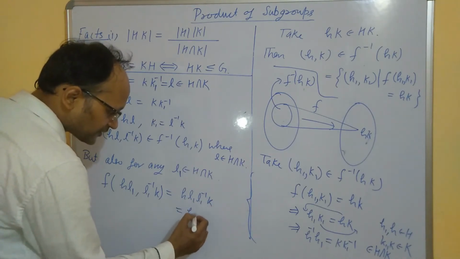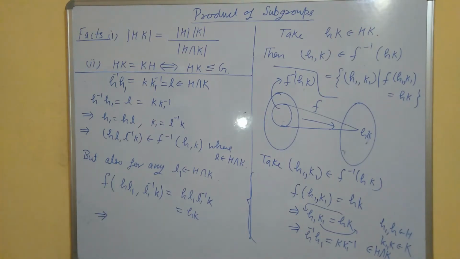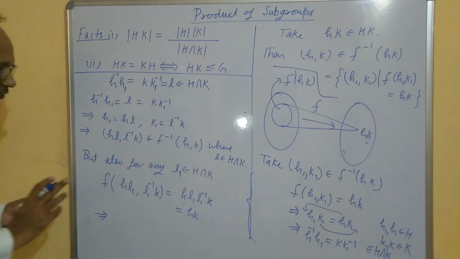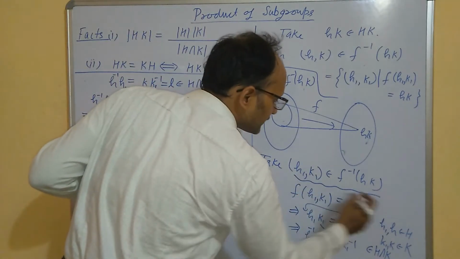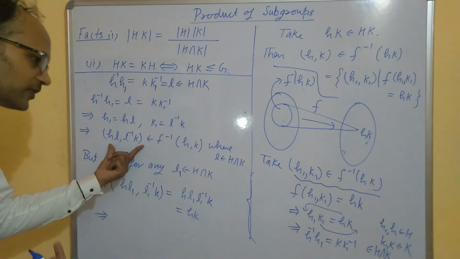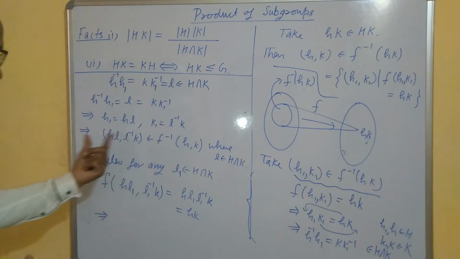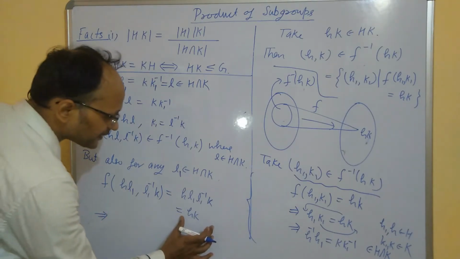So it will become hk. So this means that two things we have shown. One thing is that if I take one element in this set, then that element will be of this form. And another thing we have shown is that the image of this type of element will be inside this.